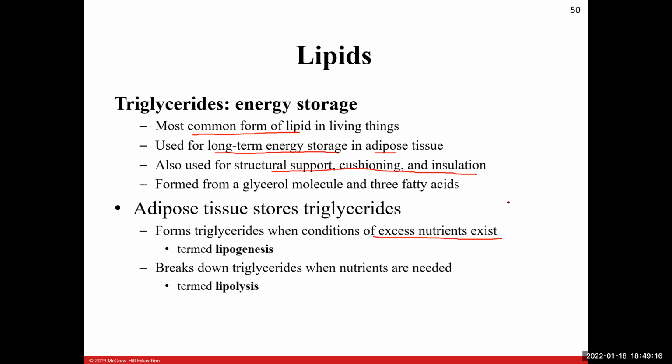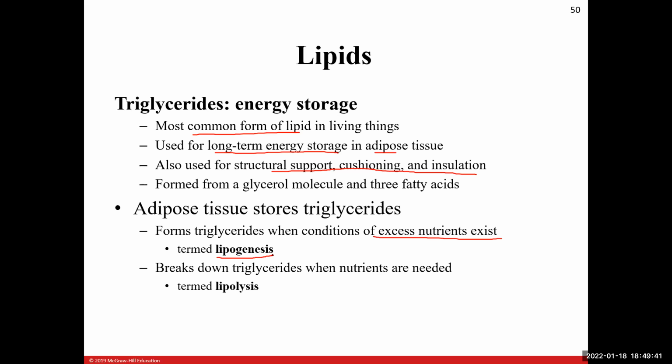All right, so you have all these nutrients floating around in your blood, and then your body's like, look, I don't want to get rid of this stuff. I want to save it for later. So I'm going to make these triglycerides and then store them in my adipose tissue. When it does that, it undergoes the process of what we call lipogenesis. Genesis means to create, to make.